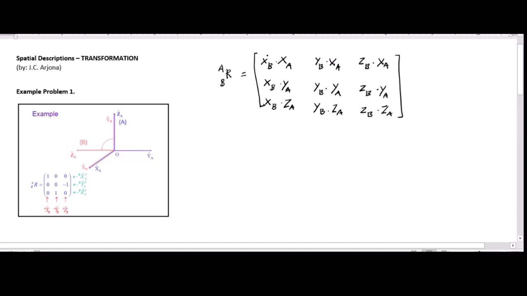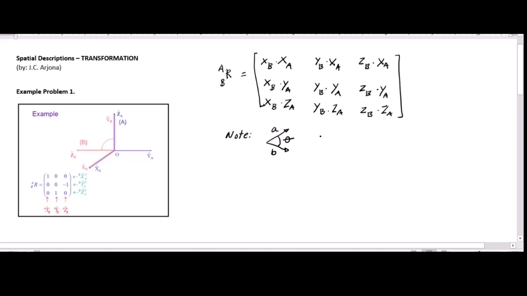Now, since these are all dot products, recall the dot product of two vectors. For example, this is vector A, and this is vector B, with angle theta.